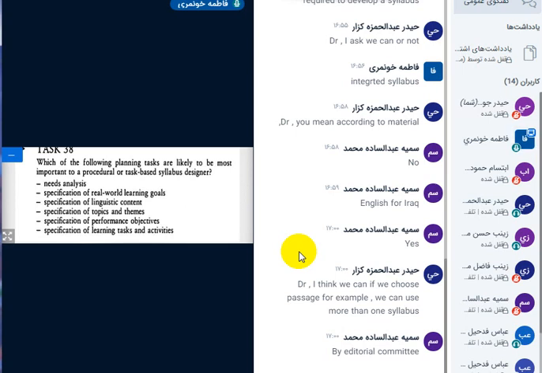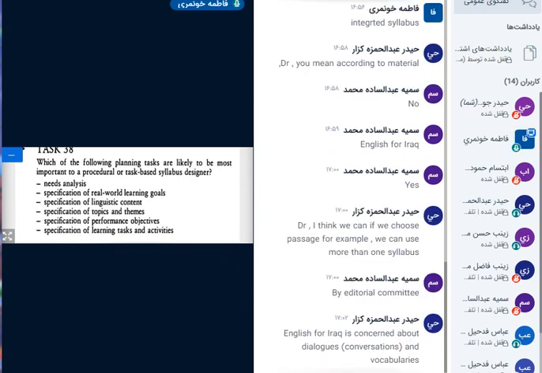You choose the situation, and for that situation, you choose some functions and notions related to it. Say, at the restaurant, what functions the students can learn so that if they need to communicate with some people in this particular situation, they know what to say and how to say it.